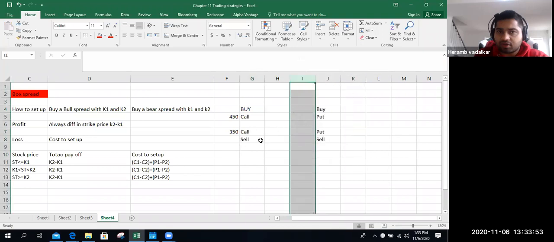We'll discuss puts later. Let's first discuss calls. You buy a call of the lower strike price first, so this should be 350, and you sell a call of the higher strike price, 450. So buy a call of 350, sell a call of 450. Let's look at premiums.